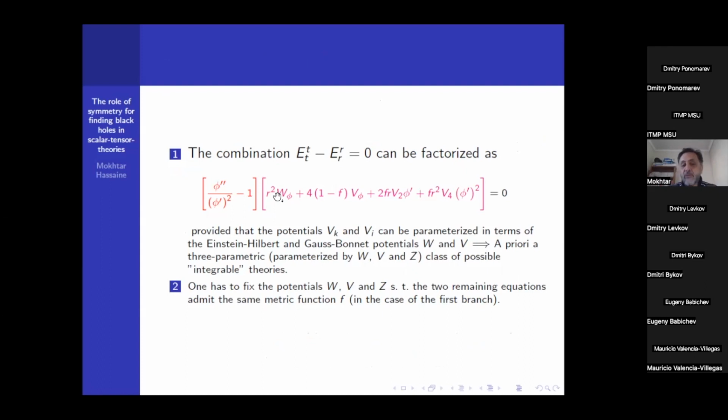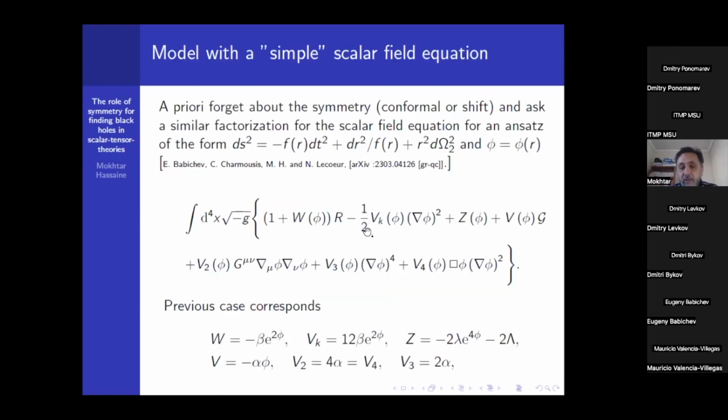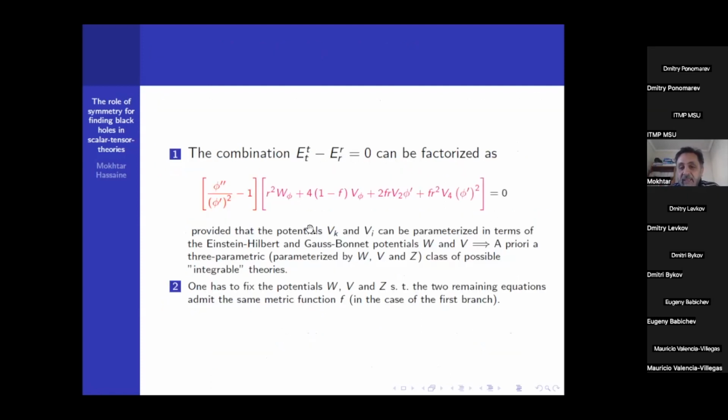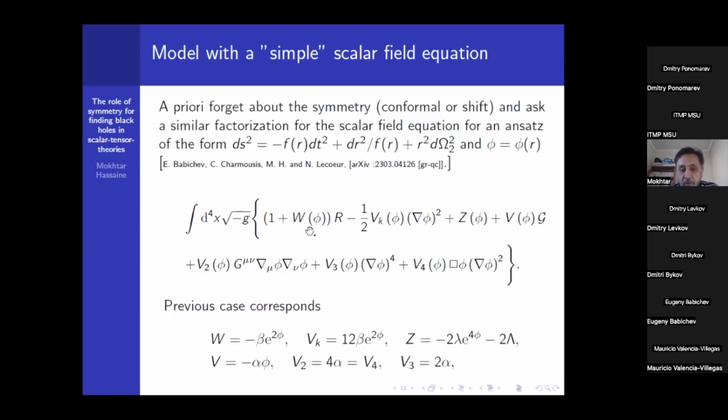And this factorization was possible provided that the potentials V2, V3, V4 can be parameterized in terms of the Einstein and Gauss-Bonnet potentials. I mean, these V2, V3, V4 are parameterized in terms of W and V.